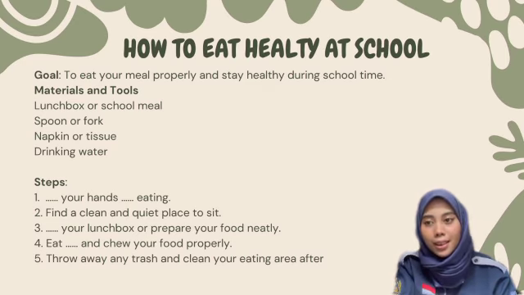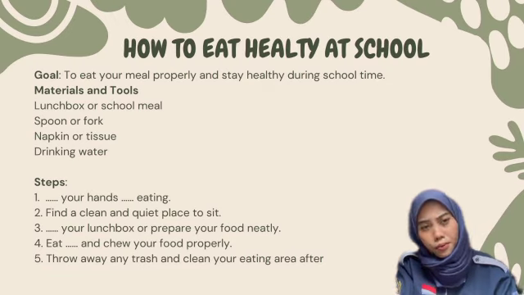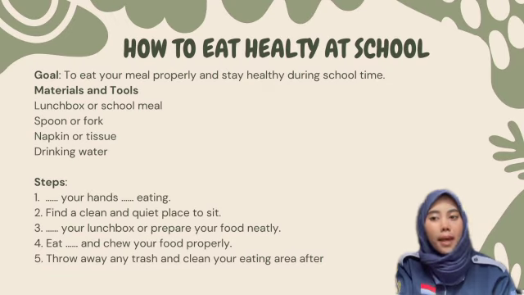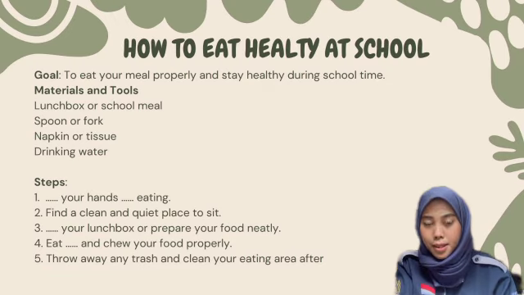Materials and tools needed are lunchbox or school meal, spoon or fork, napkin or tissue, and drinking water. The last one is steps. Unfortunately, there are many gaps in the steps, which we're going to fill in later.